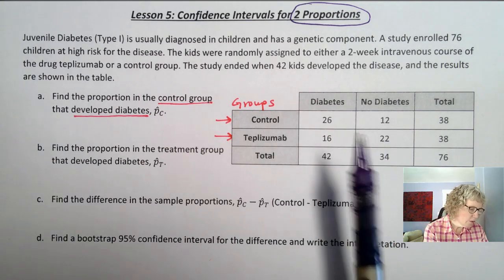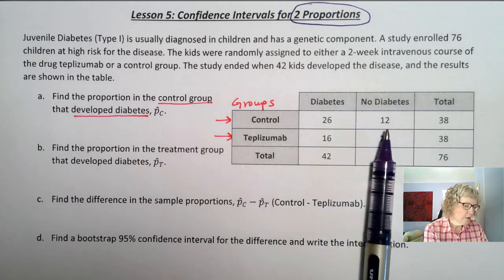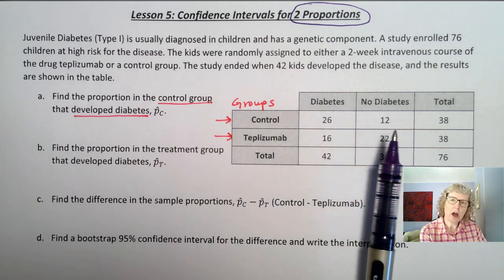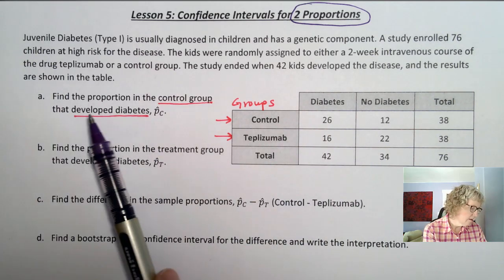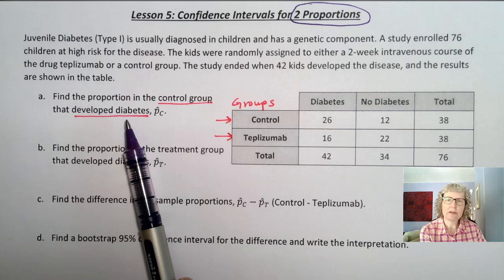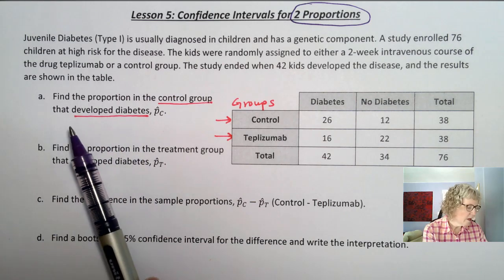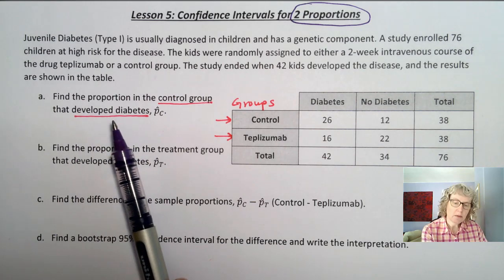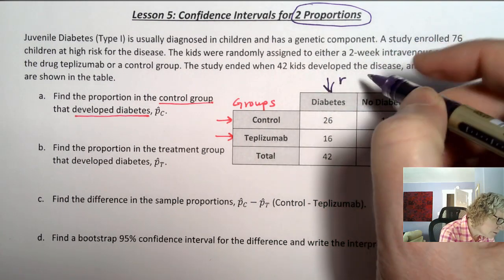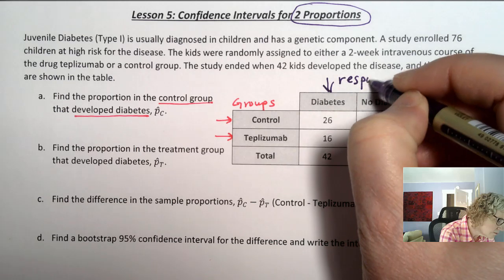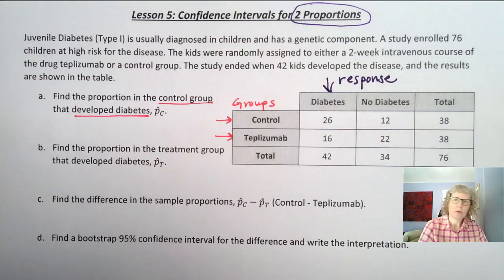Now, the wording of the question will tell you which one we are counting. Are we counting those who did not develop diabetes or those who did? In this case, it says developed diabetes. See how it tells you which outcome to look at? So I'm going to put an arrow down here for that first column for the response.